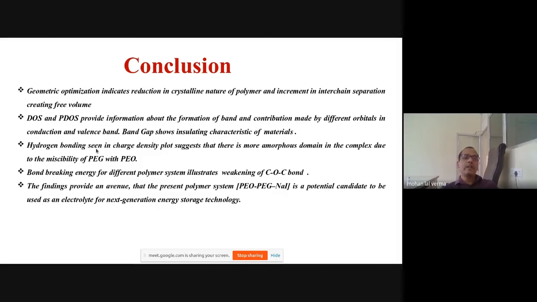Hydrogen bonding is also seen in the charge density, and there is a more amorphous domain in the complex due to the miscibility of PEG with PU. The bond breaking energy for different polymer systems is illustrated, and this is actually weakening the C-O-C bonds. The finding provides an avenue that the present polymer system, the PEG system, can be used as an electrolyte for next generation energy storage devices.